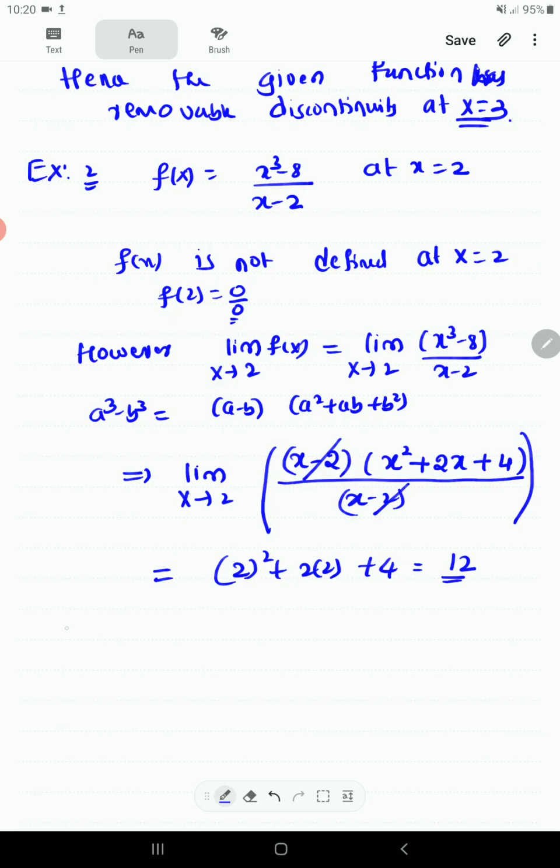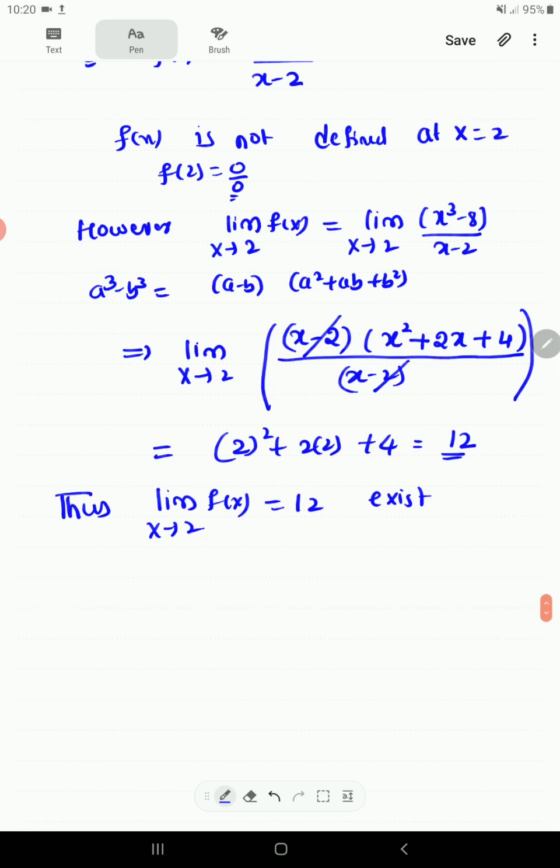So we concluded that the limit of f of x as x is tending to 2 is 12, which exists. Now what we understood is that f at the point 2, we are not able to define it, right.